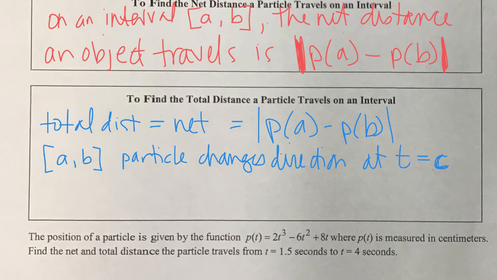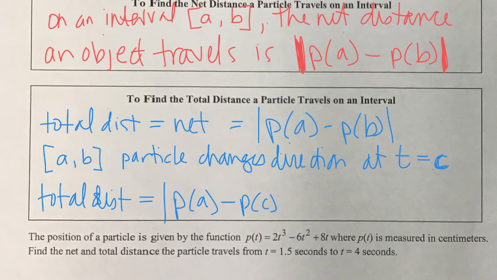then your total distance is found with a sum. It's your first distance from A to that point C, where it changed directions, plus the distance from C to where it ends.